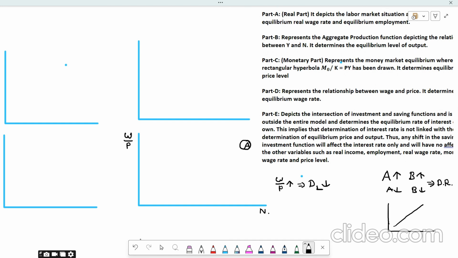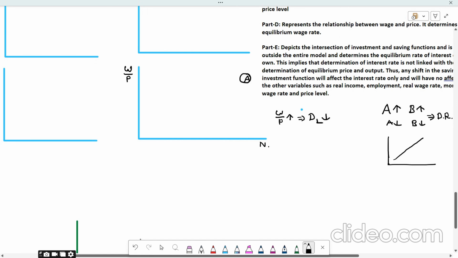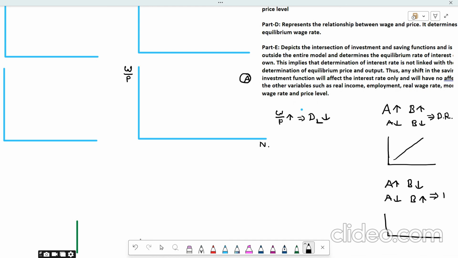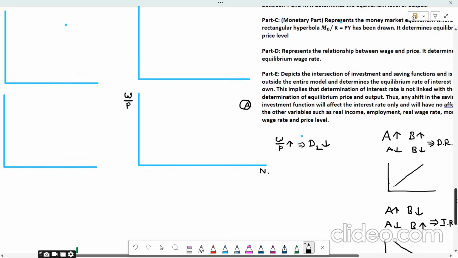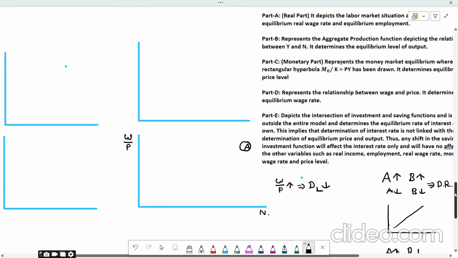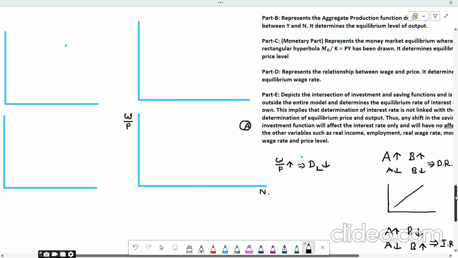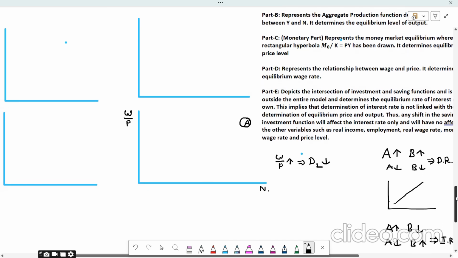And in the opposite case, suppose a rises but b falls, or a falls and b rises, in that case the relationship is called inverse relationship or negative relationship, and the graph is downward sloping or negatively sloped. Okay, so this is the concept of the graph.